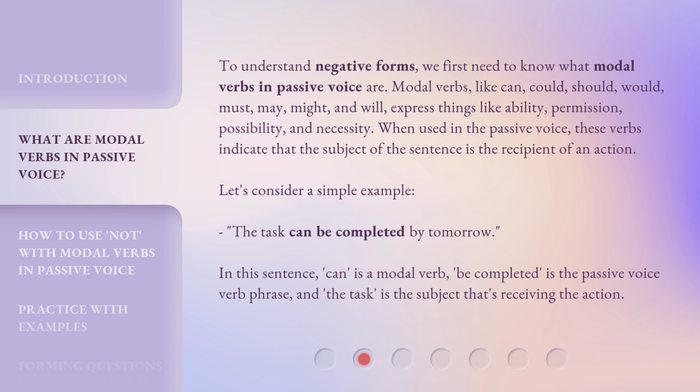When used in the passive voice, these verbs indicate that the subject of the sentence is the recipient of an action. Let's consider a simple example. The task can be completed by tomorrow. In this sentence, can is a modal verb, be completed is the passive voice verb phrase, and the task is the subject that's receiving the action.